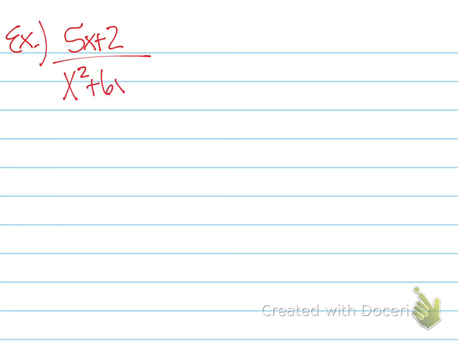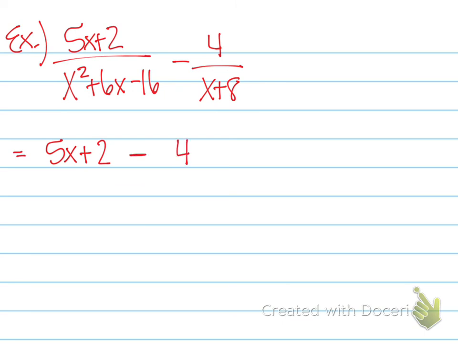All right, next we have five x plus 2 over x squared plus 6x minus 16 minus 4 over x plus 8. So I cannot simplify 5x plus 2. I cannot simplify 4. I cannot simplify x plus 8, but I can simplify x squared plus 6x minus 16.